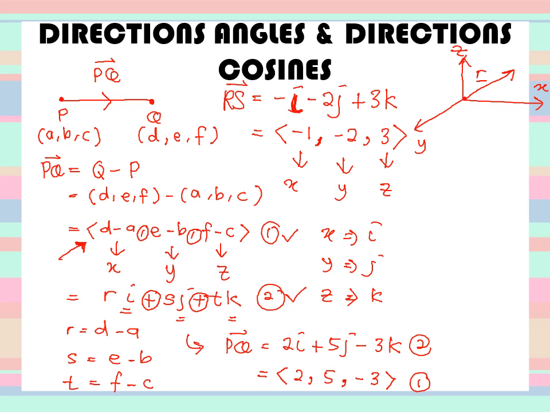It starts from the origin O to a point that I name R. When I connect the origin to the point R, I create a vector OR, or I can simply write R underscore.